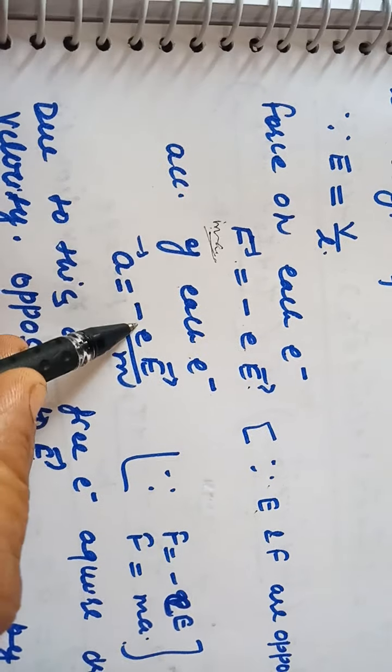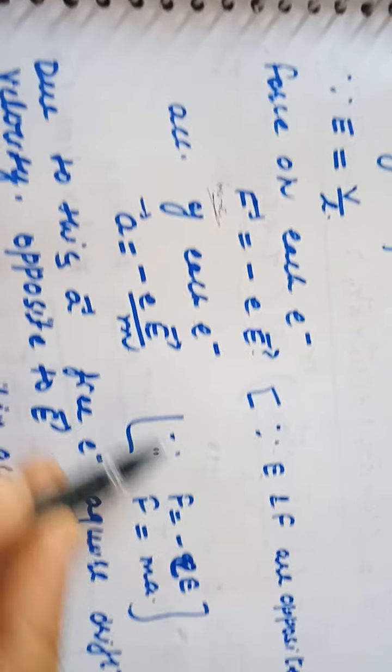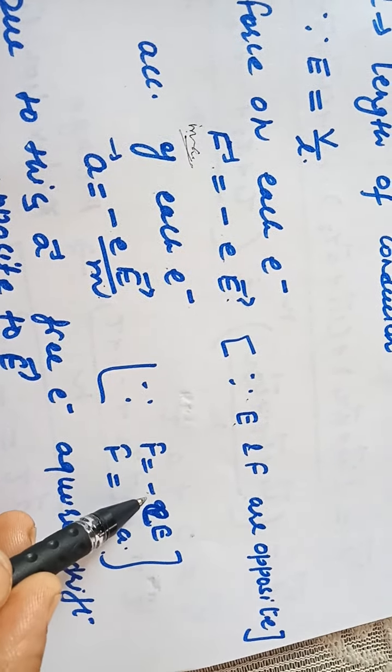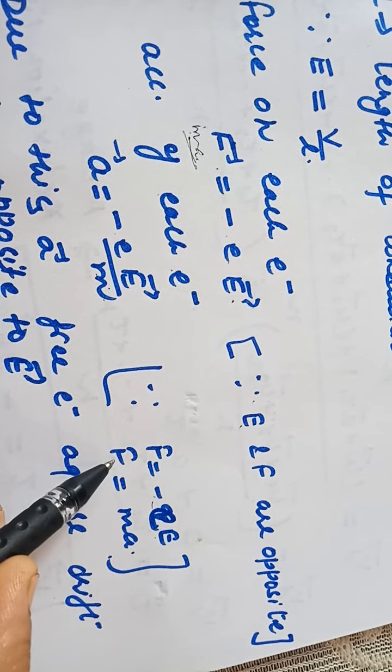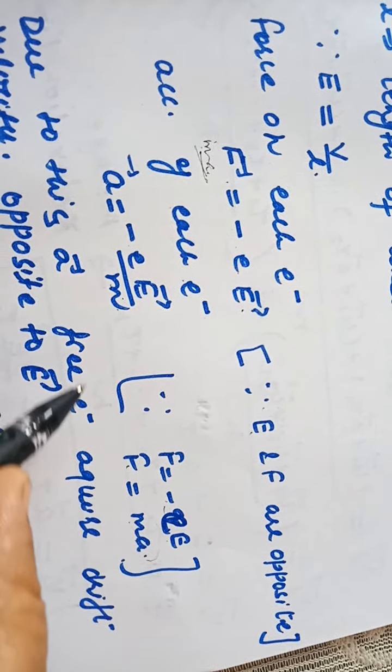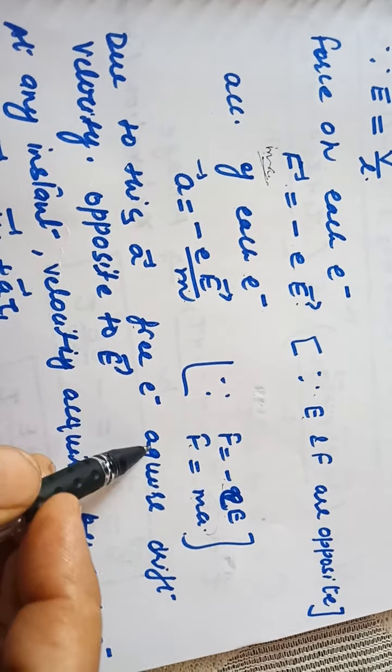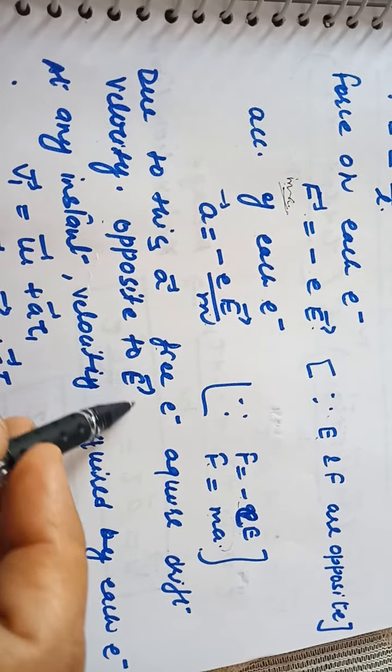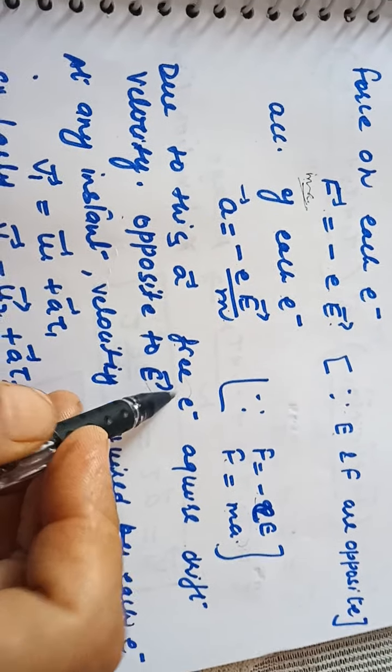So a is equal to minus eE upon m. Due to this acceleration, free electrons acquire drift velocity opposite to the electric field.